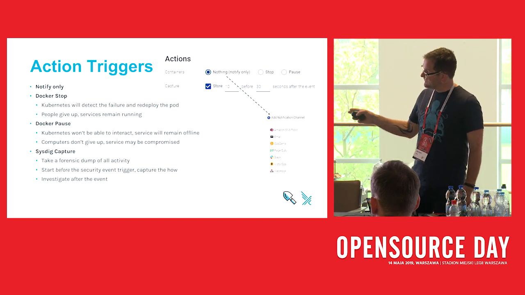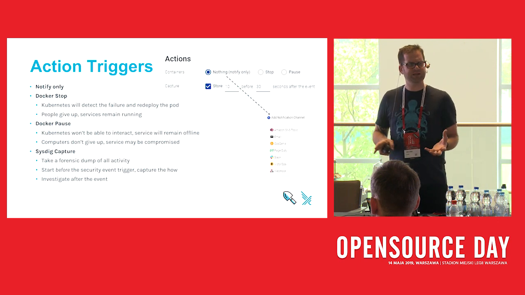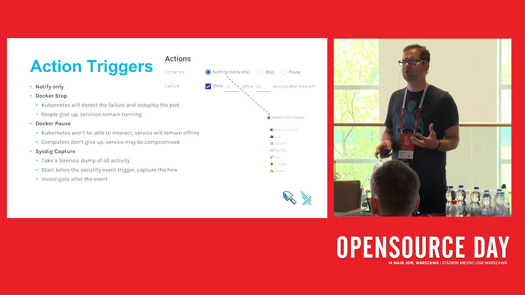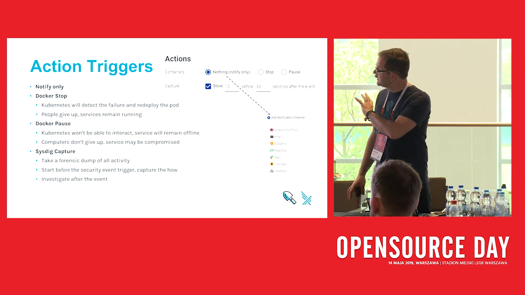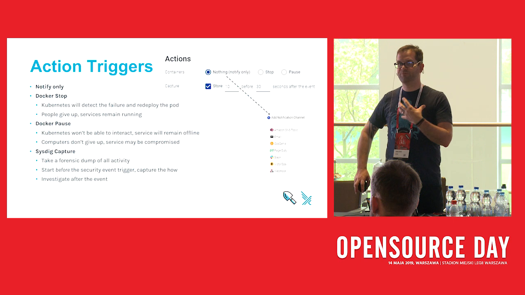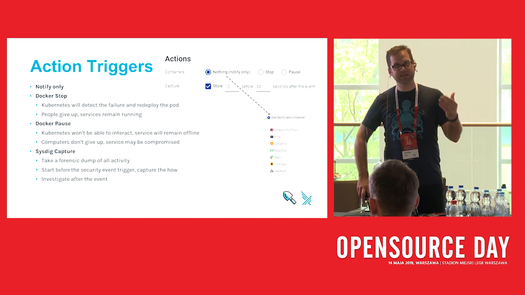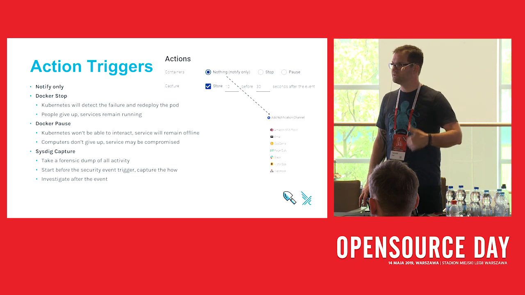The last one, which is really powerful, probably one of the more powerful things, if anyone's played with Sysdig's open source tooling, you might have seen this before, but it's the ability to take a Sysdig capture. And again, one of the things we've baked into the commercial tooling is the ability to take this capture before the event happens. So in the Sysdig agent, we have an in-memory ring buffer that's constantly storing all of that syscall activity.